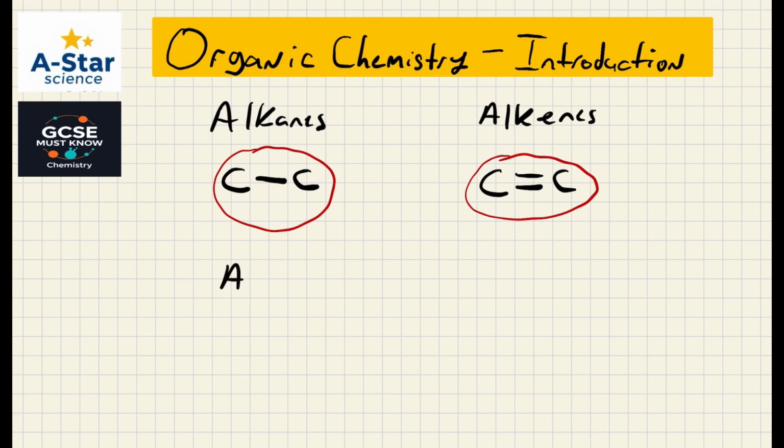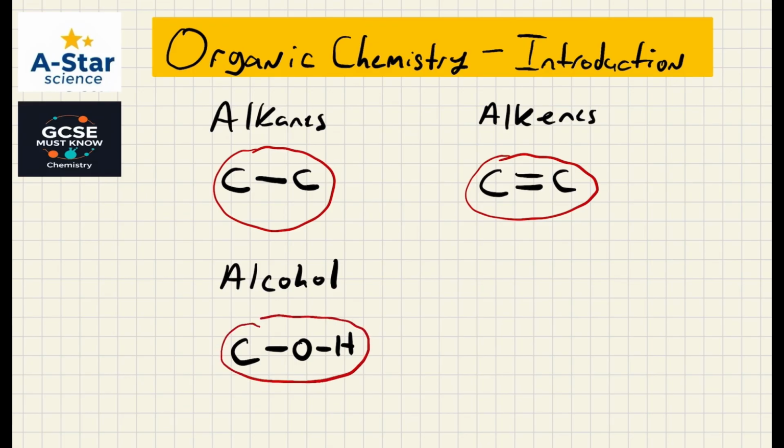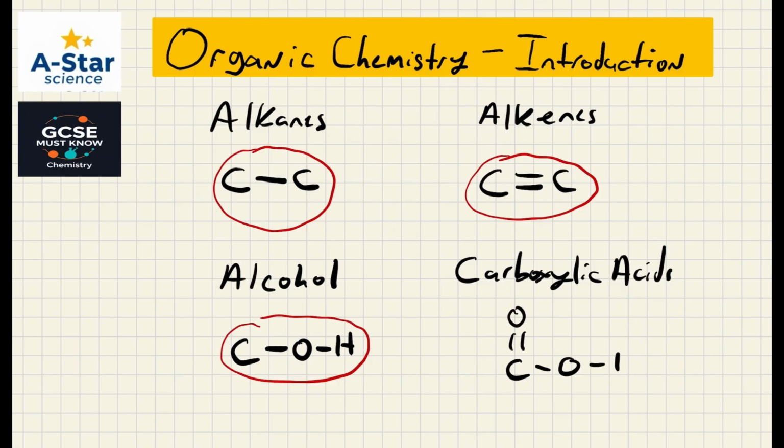We learned about the alcohol functional group, which have the C, O, H. And the carboxylic acids functional group, which have a carbonyl group, which is C double bond to O to an OH. We call the carboxylic acids.